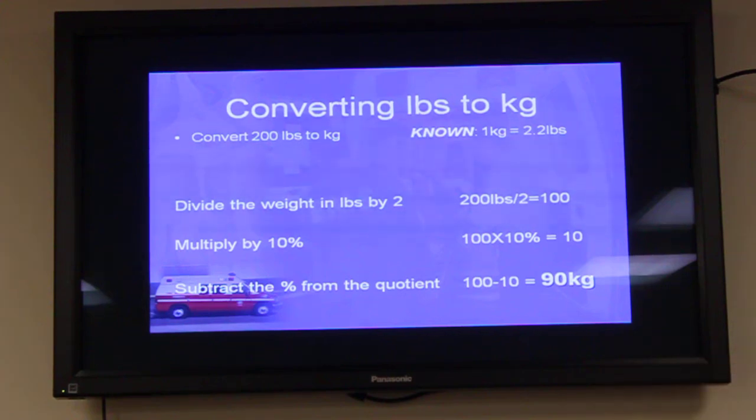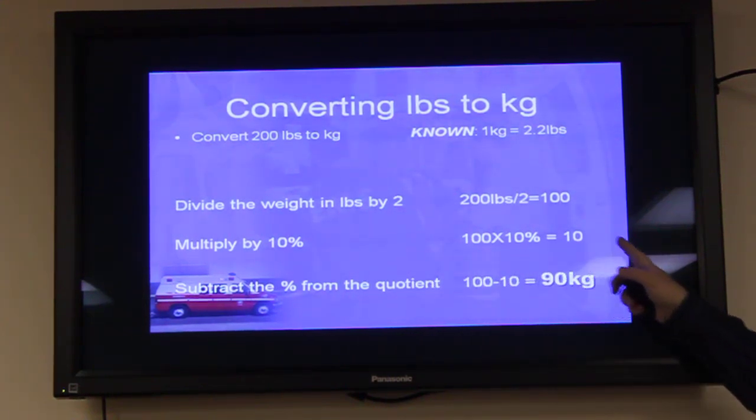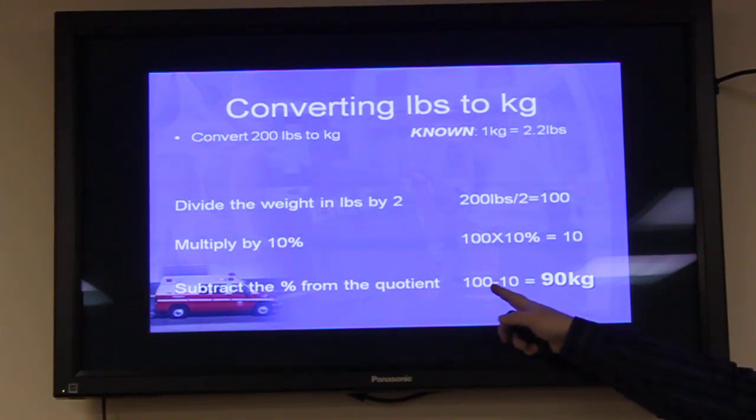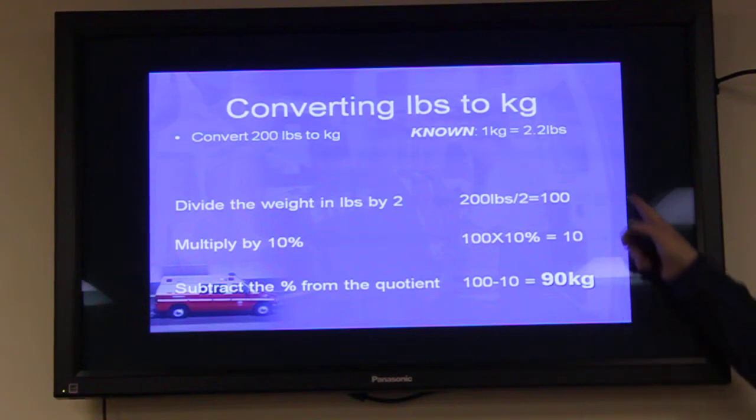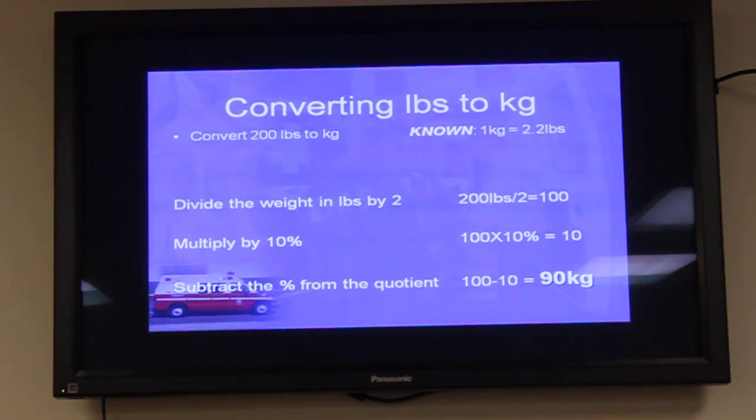So just to review, we can multiply by 10% to come up with the number that we're going to subtract from the number that we cut in half, or we can just divide whatever our amount is by 2.2. This is going to be especially helpful when we talk about drugs that we might use in the pre-hospital field, such as etomidate, where our dosage is 0.3 milligrams per kilogram.